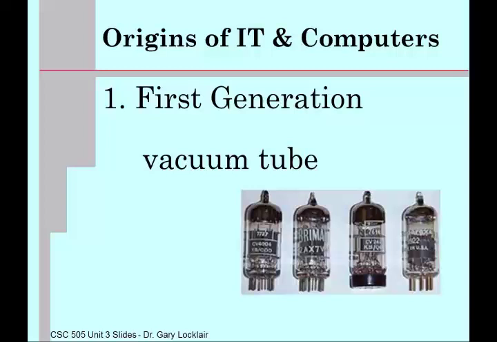If you opened up the ENIAC or any other first-generation computer, inside you'd find many vacuum tubes. Did I mention the ENIAC had 18,000 vacuum tubes? That's a lot. These vacuum tubes are about the size of a light bulb.